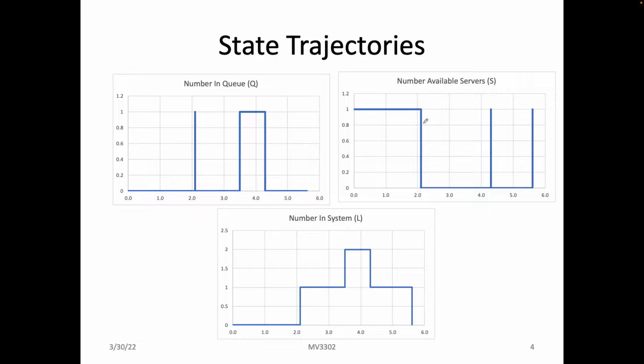The number of available servers started at 1, then dipped back down to 0. It popped up to 1 briefly when it finished service, and finally ended at a state of 1. And if we were to graph the number in the system for the same values, it looks like this, where we have this little stone thing.